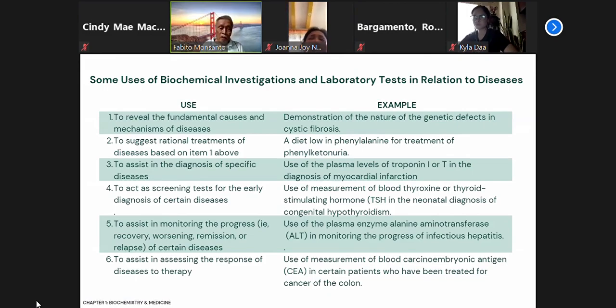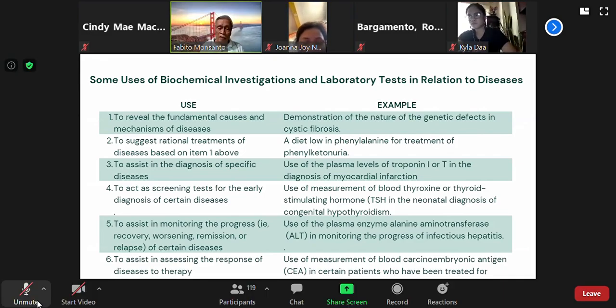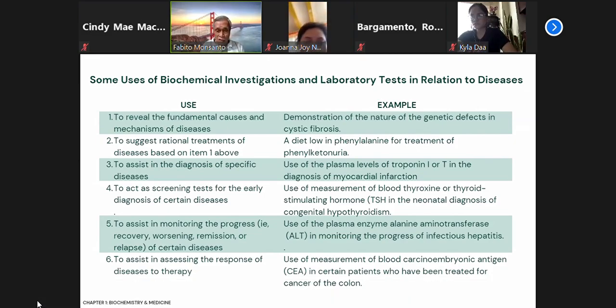So to reveal the fundamental cause and mechanism of the disease, an example is the demonstration of the genetic defect in cystic fibrosis. Okay. Number two, a rational treatment of the disease based on the item above.